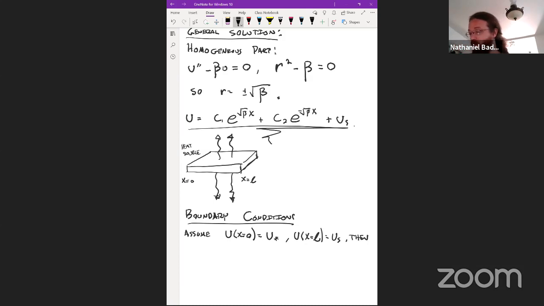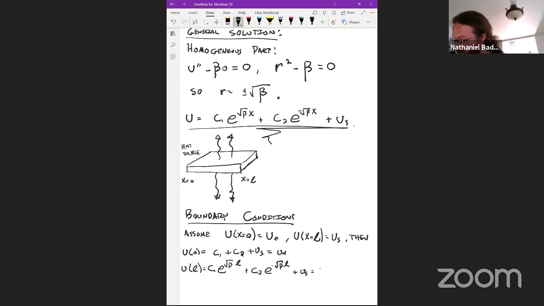So in this case, what we're going to get then is u of 0 is equal to c1 plus c2 plus us equals u star, u of L, which is going to be c1 e to the root beta L plus c2 e to the minus root beta L plus us equals us. So yeah, and I'll keep that in.